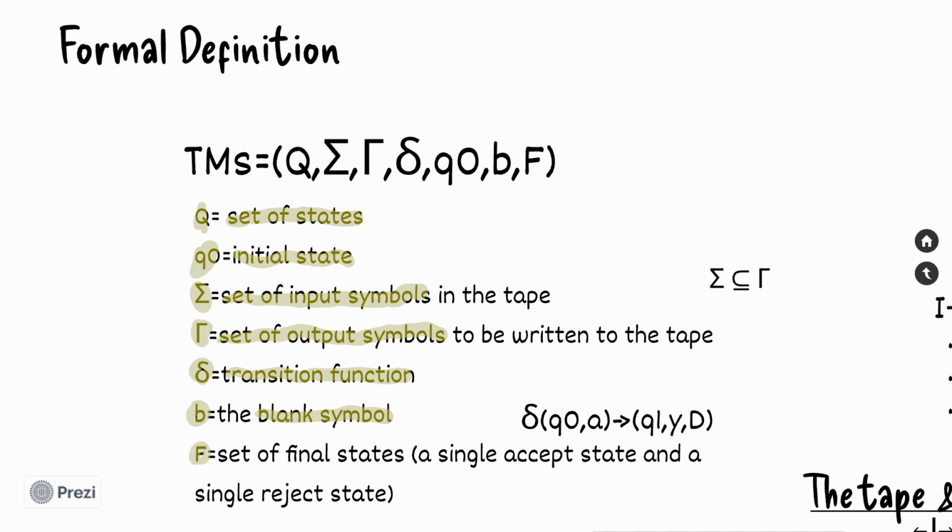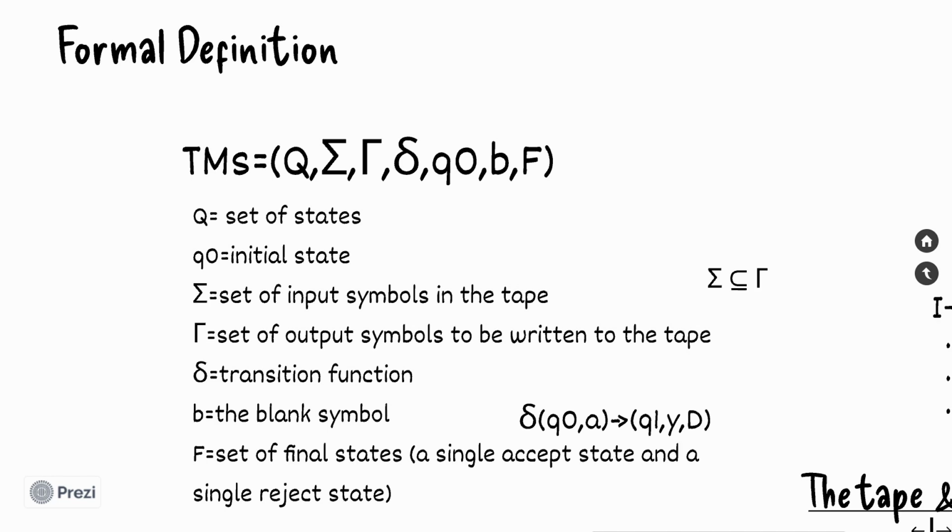Then there's F, which represents a set of final states comprising a single accept state and a single reject state. Just like finite automata, we can represent the Turing machine mathematically using a transition table or using a transition diagram.